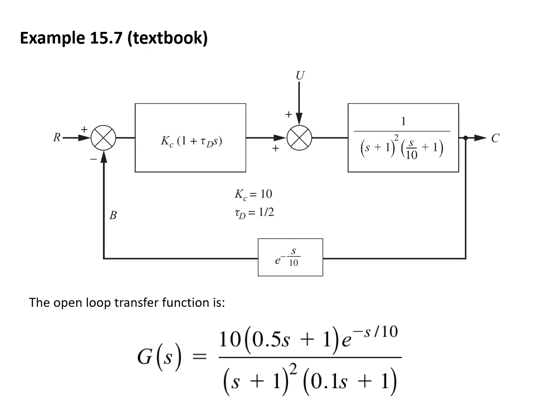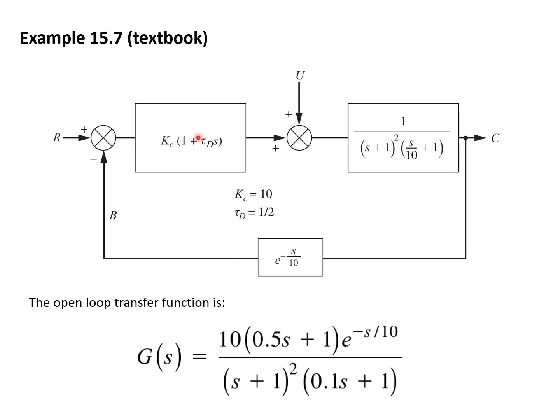For this example, which you can see in the textbook, we are trying to plot the overall Bode plot for this open loop transfer function. We just need to talk about the open loop transfer function for our purpose here in the next chapter. Basically the open loop is just this times this times this. So this is the open loop transfer function. We are going to plot them individually and then combine them.